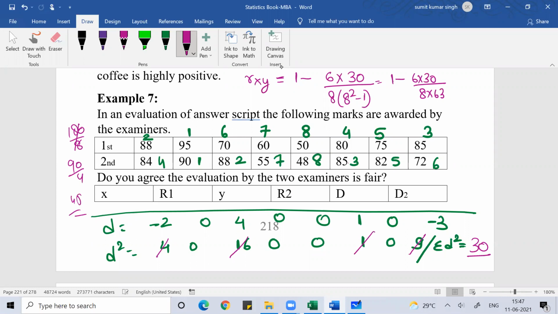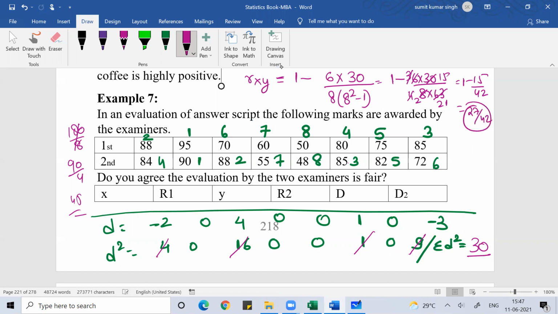If I solve this, 180 by 8 into 63, this simplifies to 1 minus 15 by 42. 42 minus 15 will be 27, so 27 by 42.